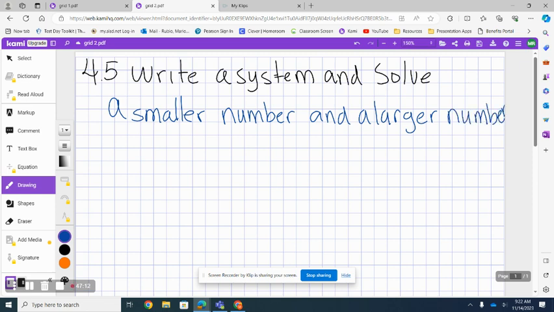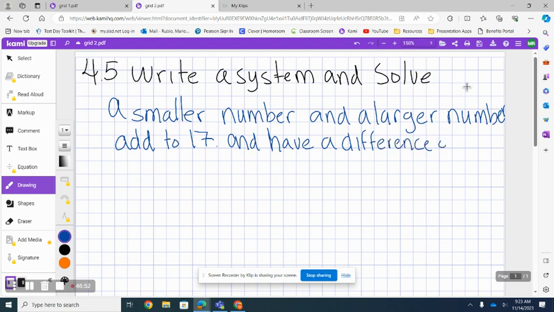Okay, what's the second part? And have a difference of 1. That's it. And then it says let X be the larger number and Y be the smaller number.